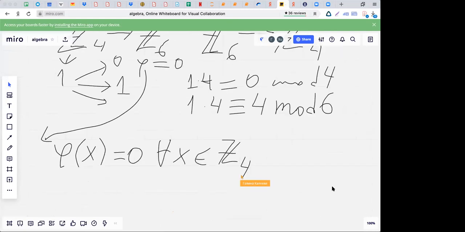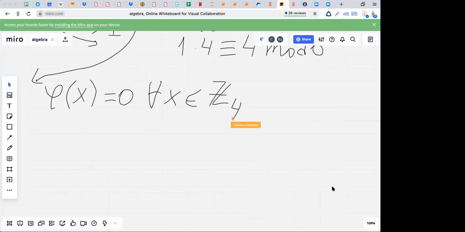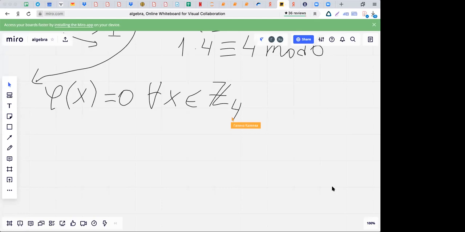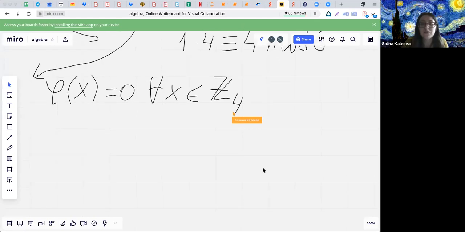Any group can be mapped to any group by the zero homomorphism. You're right, we can construct the zero homomorphism from every group to every group. That's true, but that's a trivial case, and we have to consider other cases.